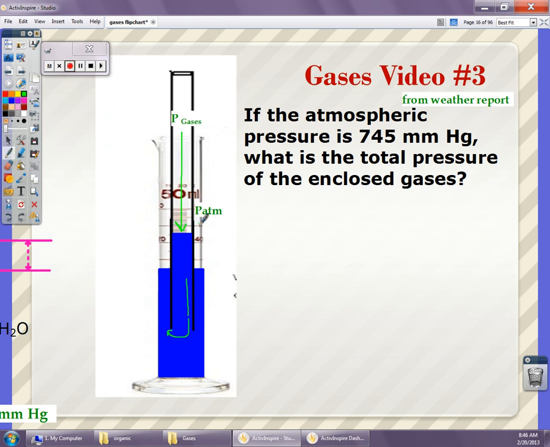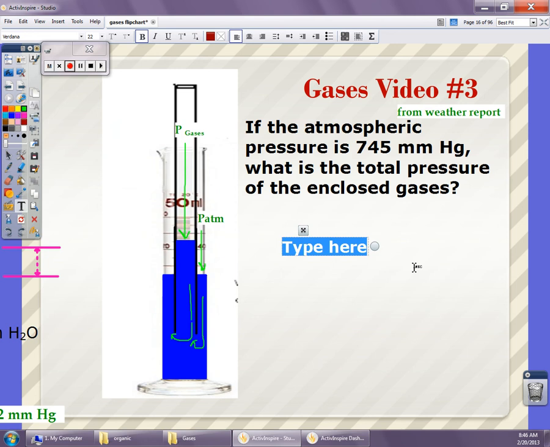This atmospheric pressure is also pushing down onto the water inside the graduated cylinder and pushing it up into the glass collecting tube. So we have two forces occurring at the same time, the pressure of the gases and the pressure of the atmosphere. In this case, the pressure of the gases is less than the pressure of the atmosphere.